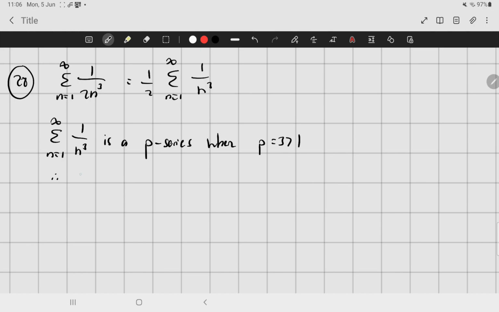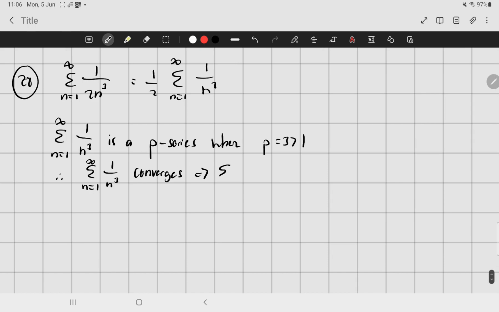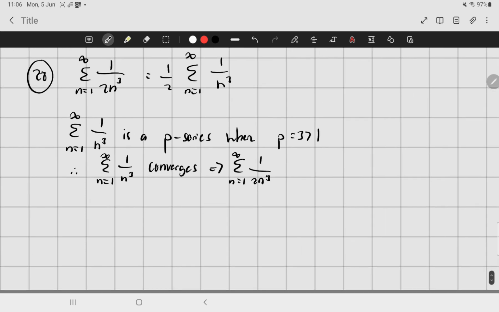Therefore, this P series converges. Converges implies that the multiple converges as well.